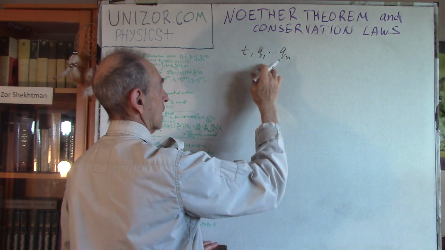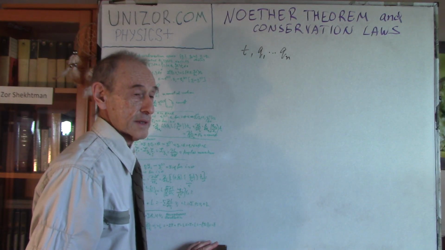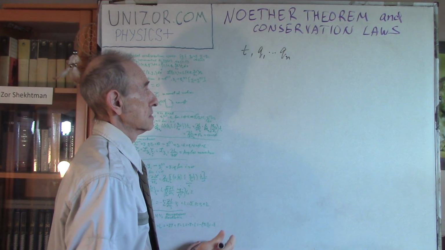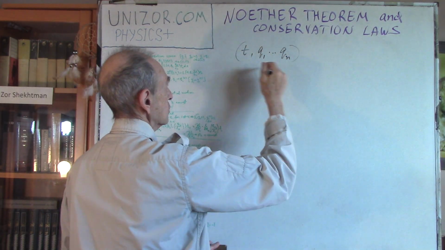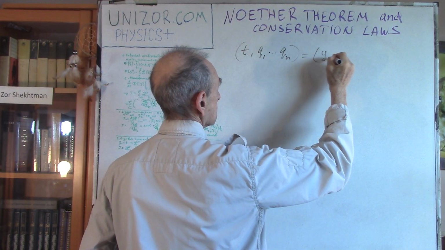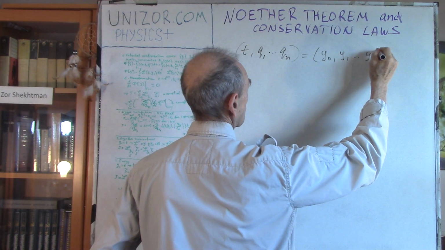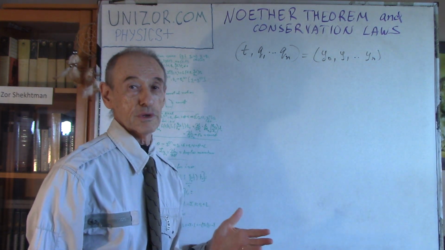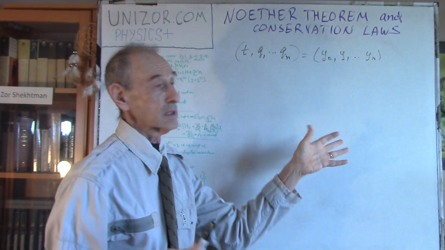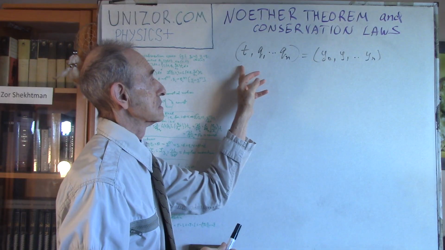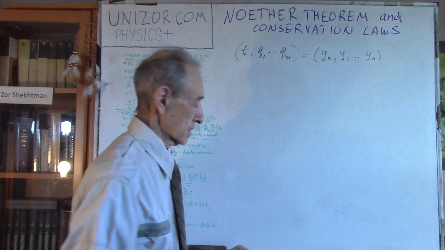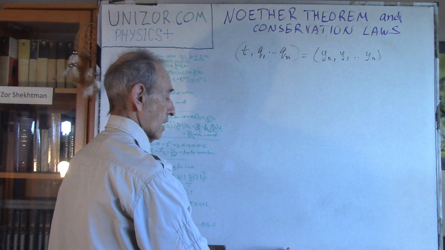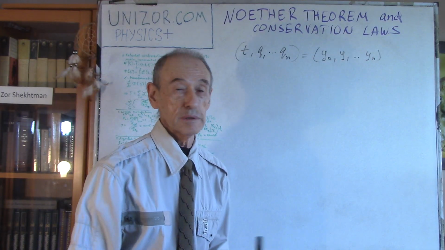So time is time, and q are space coordinates in this generalized configuration space, which I have actually changed to y0, y1, etc., yn, to have a unified formula for y with some index, and the index can be from 0 to n. 0 means it's time, and the others mean the space coordinates. And it does actually make sense, because it makes all the formulas much more readable.